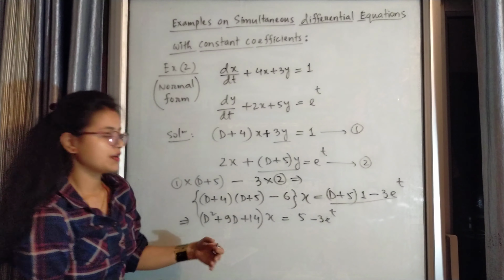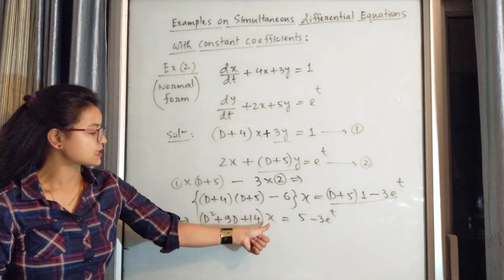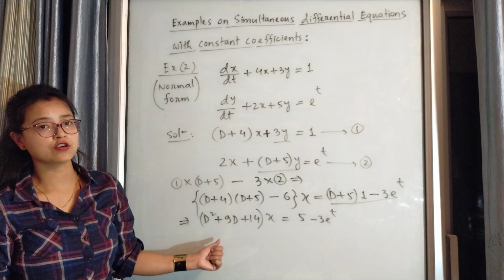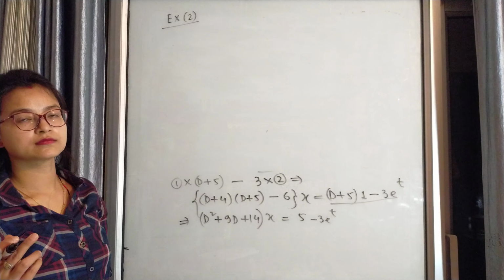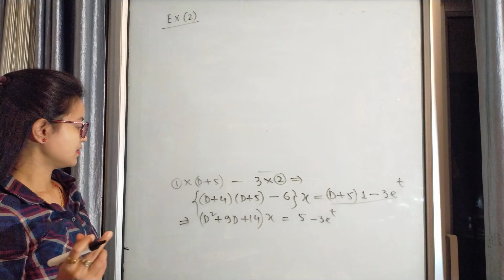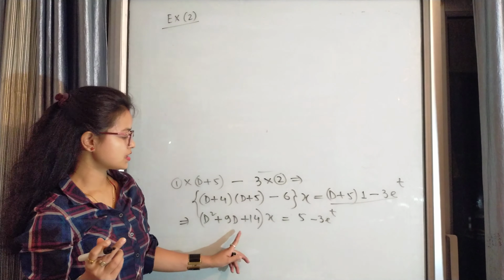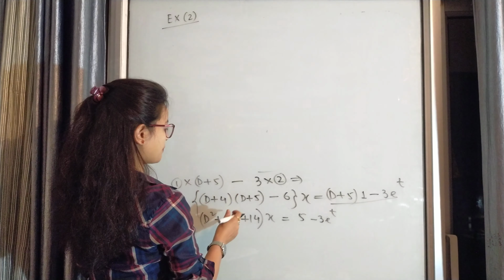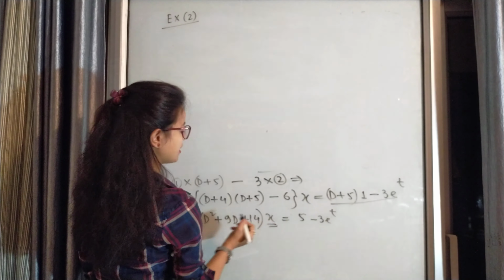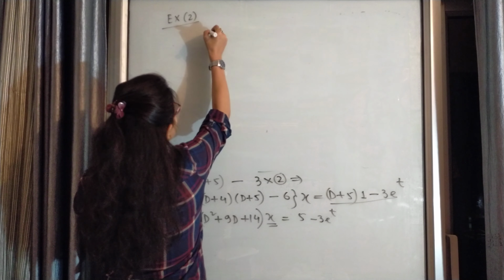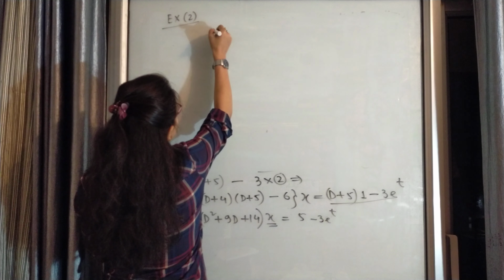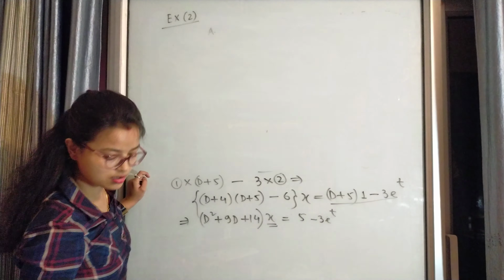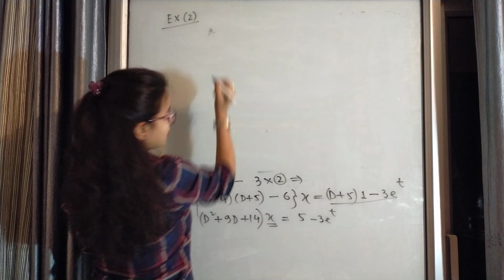So now we have to find the solution of x from this linear differential equation of second order. As it's a linear differential equation with constant coefficients, to obtain the solution for the variable x, first we can find the CF. For that we need to consider the auxiliary equation.